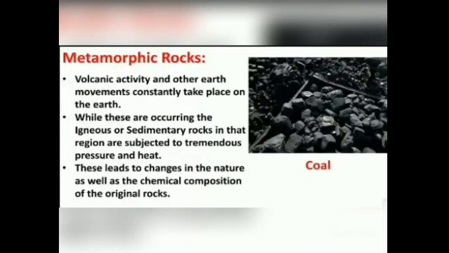The next type of rock is metamorphic rocks. Volcanic activity and other earth movements constantly take place on the earth.